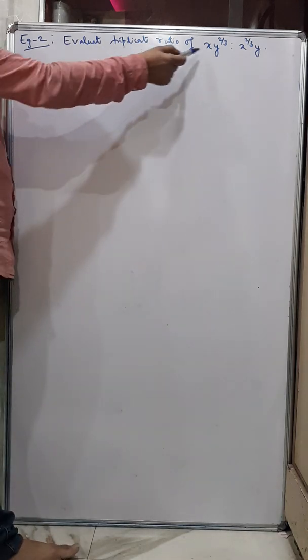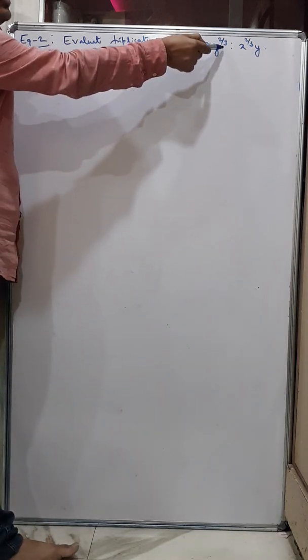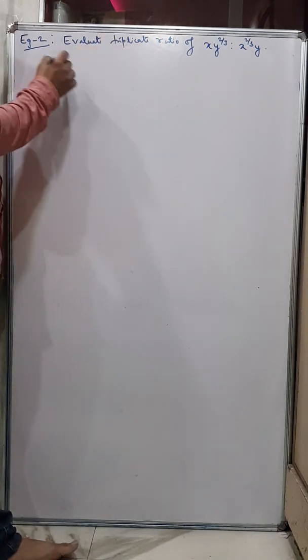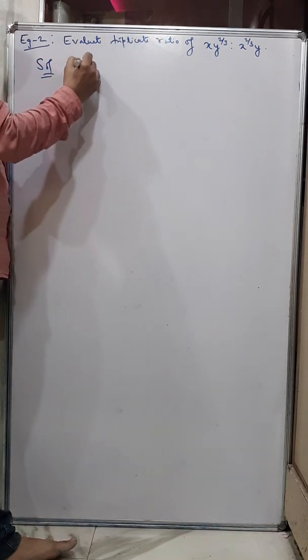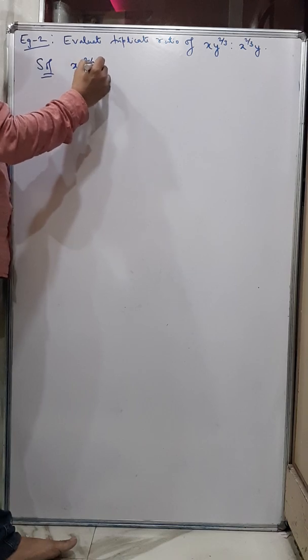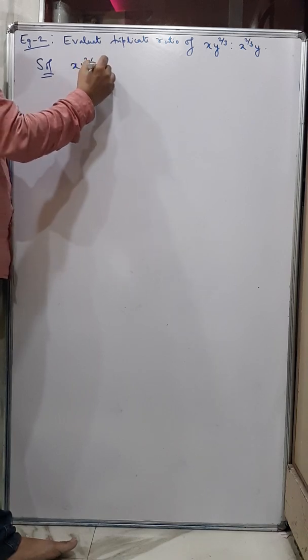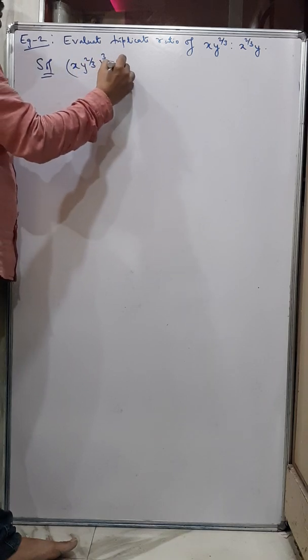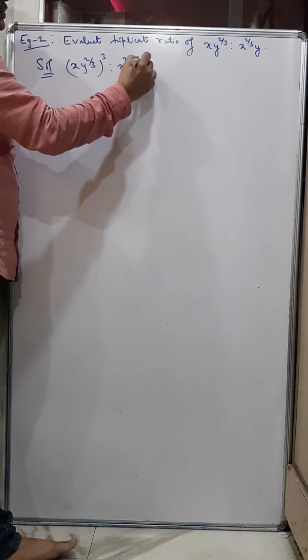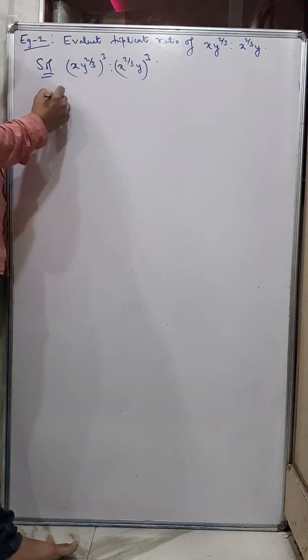Okay, the next example: evaluate the triplicate ratio of xy² is to x²y³. The solution is, triplicate means cube of the ratio. Like this.